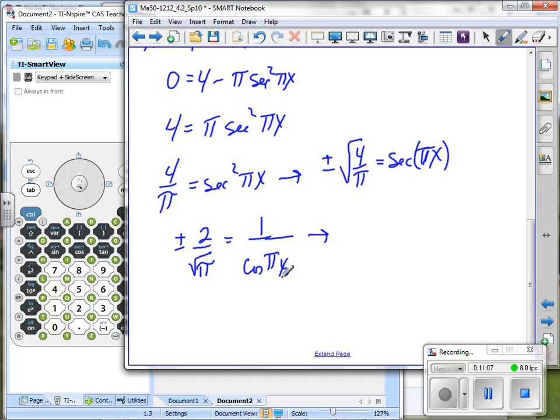Multiply both sides by cosine pi x, I'd have 2 cosine pi x equals, in smaller steps, square root of pi. That's what we usually call cross multiplication. So then I could say cosine pi x equals plus or minus the square root of pi divided by 2.